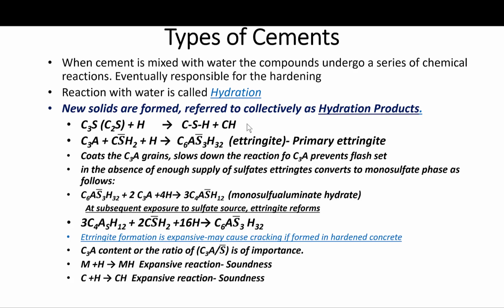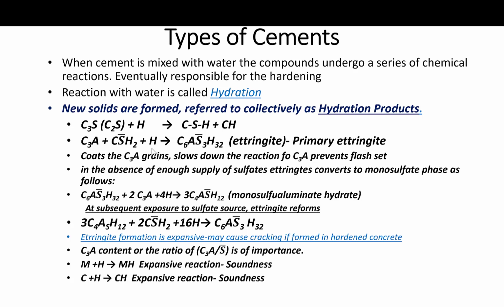The C3A, tricalcium aluminate, the reaction of this compound is slowed down with gypsum, as I'm showing on this equation, because we add gypsum to the clinker to make Portland cement, so gypsum is present.